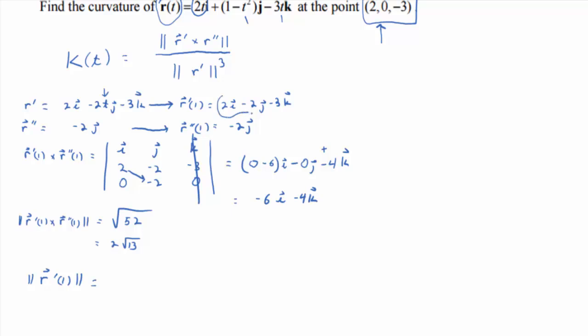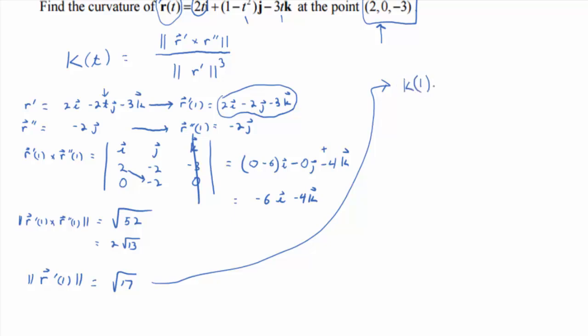So what would be the magnitude of r prime of 1 in this case? Okay, so root 17. Everybody agree with that? So that would be 4, 8, and 9, yeah? Everybody good? All right, so let's do this. Let's say kappa of 1 would be, okay, this top part, which we decided was 2 root 13, right?